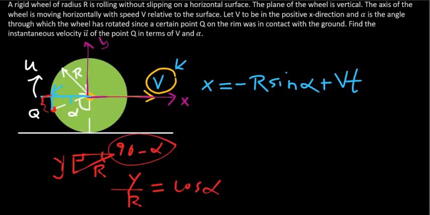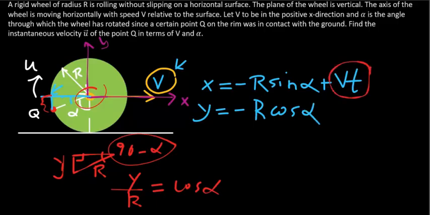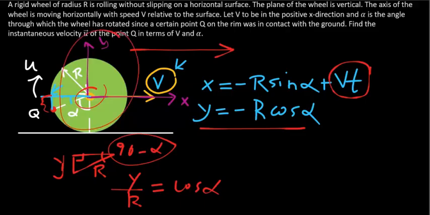Also, keep in mind that y appears below the origin, so you must put a negative sign in front of that expression for y, so minus r cosine alpha. You don't have any translational term attached to the y-coordinate because the motion of that rigid wheel is entirely to the right along the x-axis, so there is no such translational motion along the y-axis.